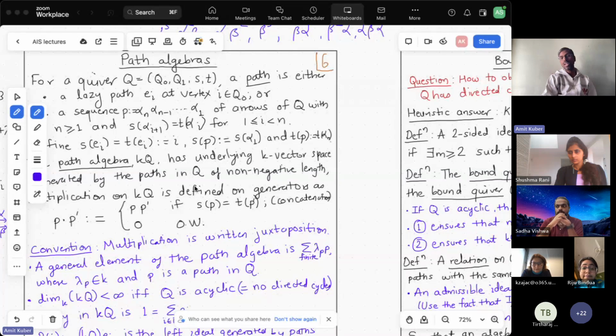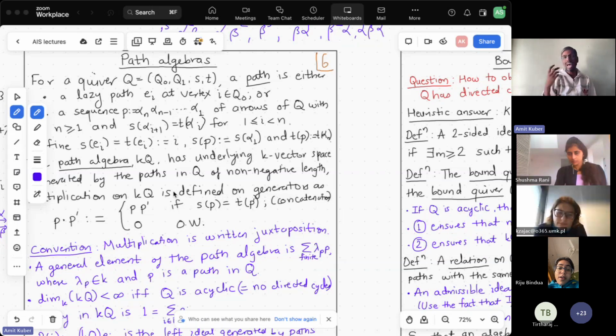For infinite dimensional algebras, we are not making any such claims. However, if you are interested, you can also study them. And why quivers? Because quivers are interesting diagrammatic, pictorial ways of encoding the generators and the relations. Now the word relation has also been made clear. Relations are finite k-linear combinations of paths sharing the same source and target.